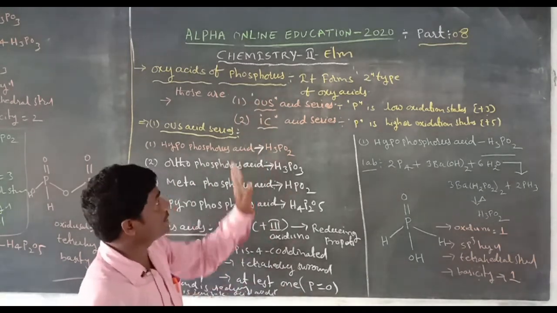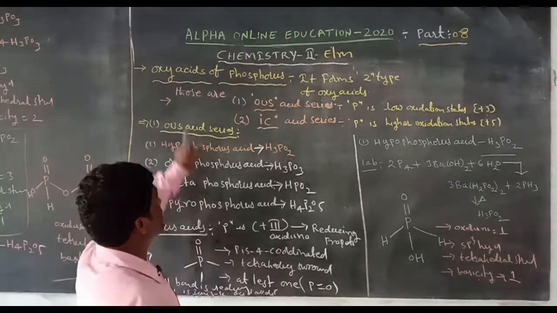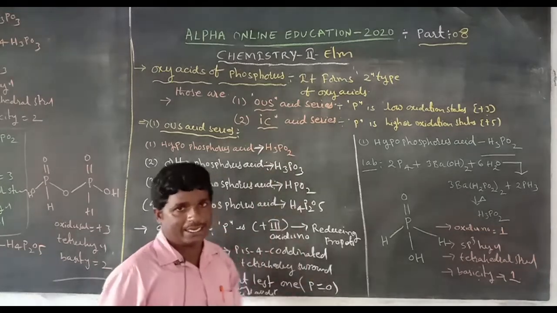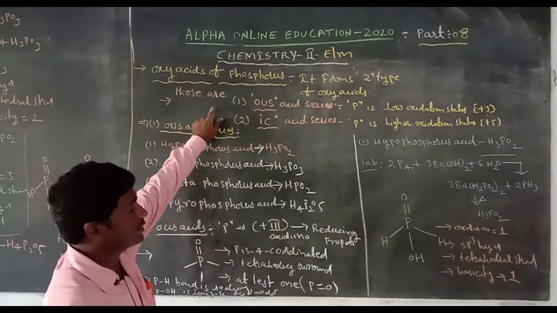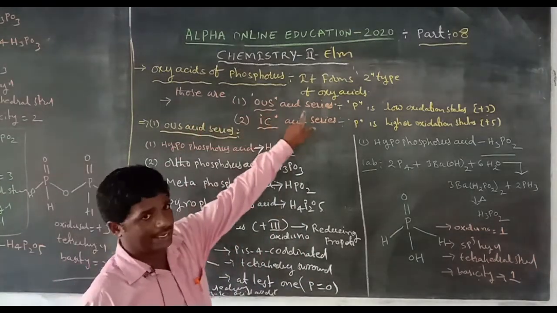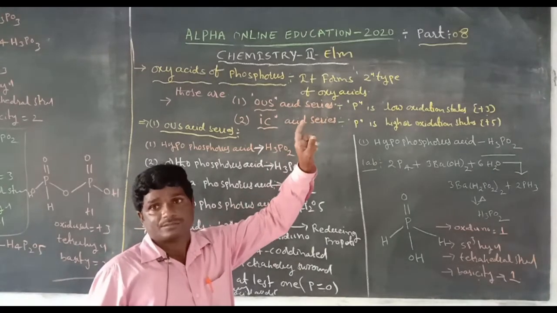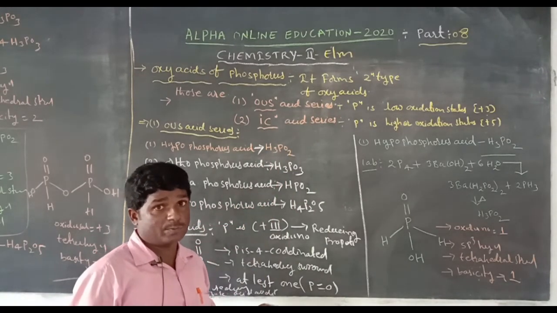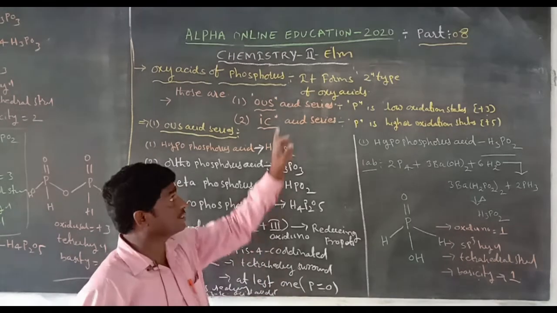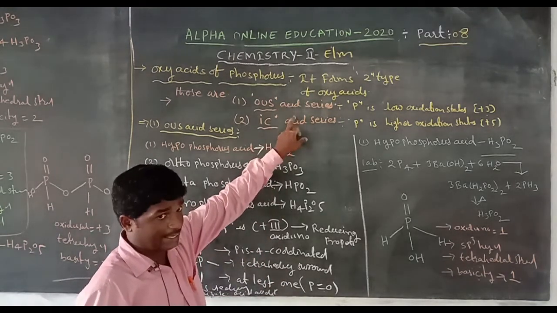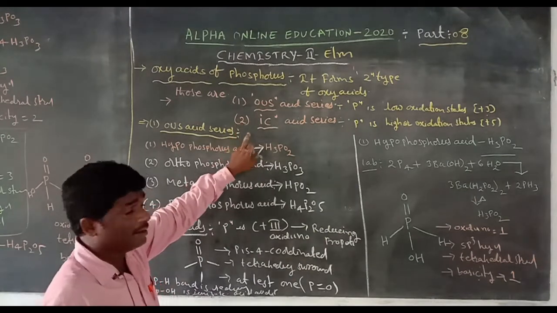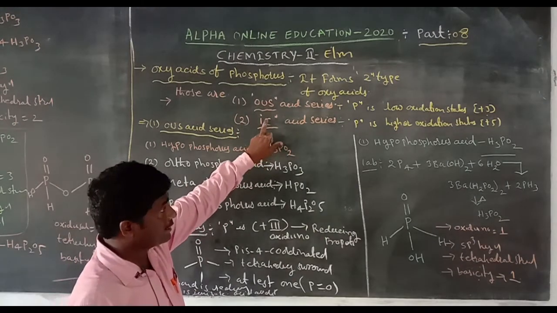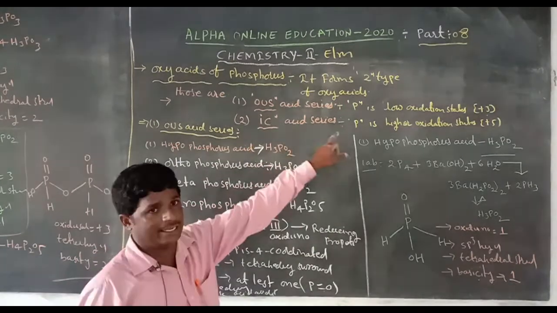Those oxyacids are of two types. Phosphorus forms two types of oxyacids. The first one is the ous acid series, also called the phosphorus acid series. The second one is the phosphoric acid series, also written as the ic acid series.